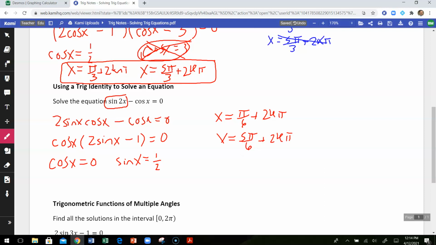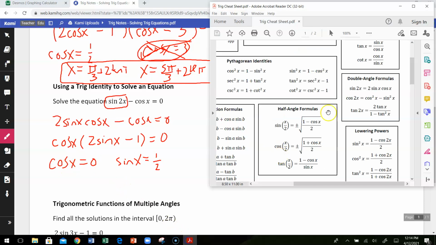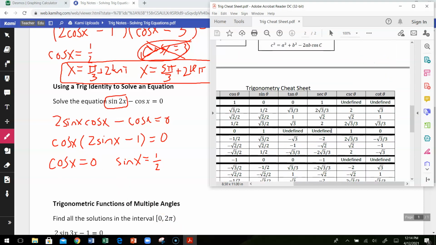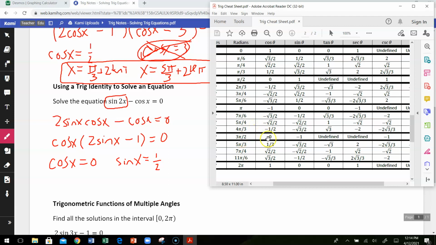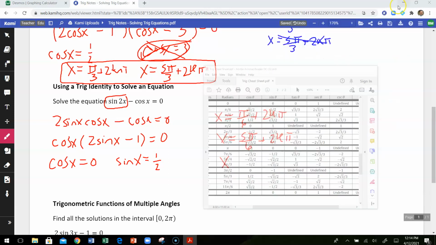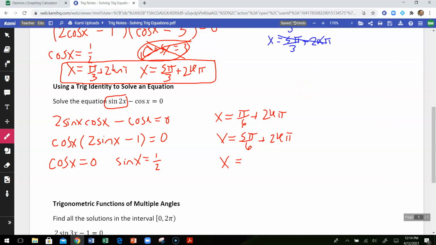I also need to look for where cosine is 0. So where is cosine 0? That happens at pi over 2, and again at 3 pi over 2. Okay, so pi over 2 and 3 pi over 2. So x equals pi over 2 plus 2k pi. X equals 3 pi over 2 plus 2k pi.